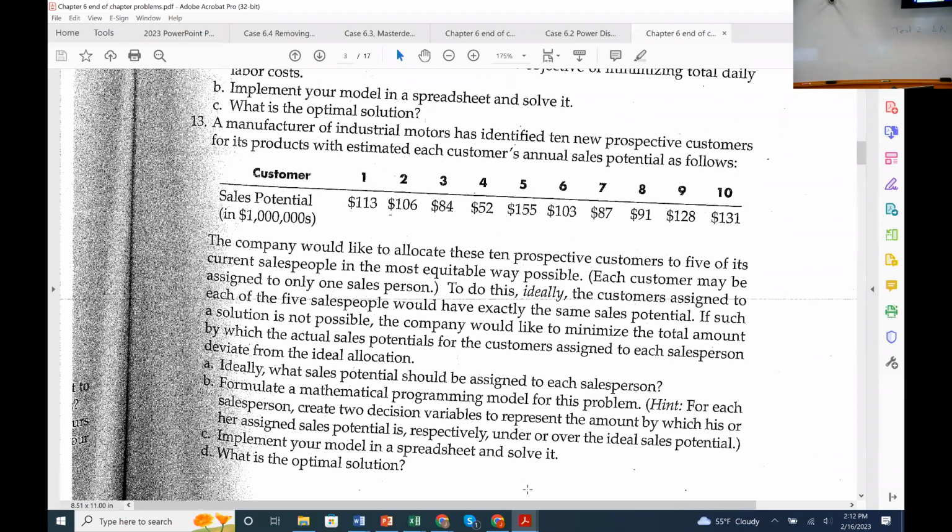And the basic structure of the problem here is like a transportation problem, because there's double subscript Xij, but now it's Xij equals 1 if customer I is assigned to salesperson J and 0 otherwise.